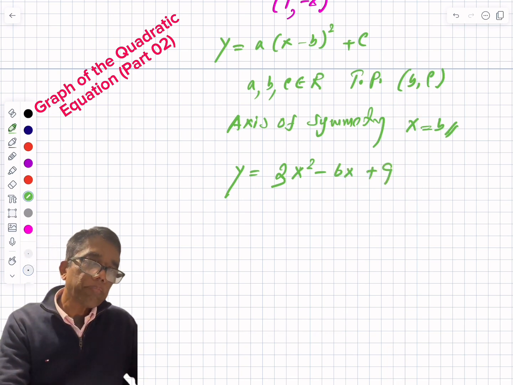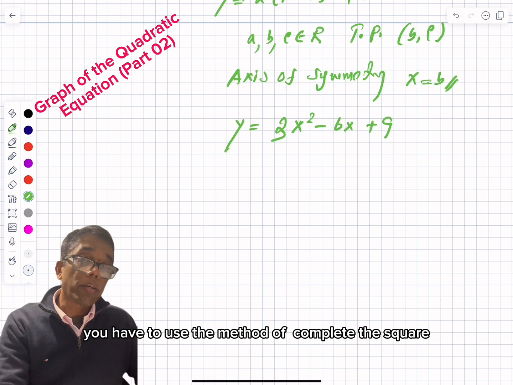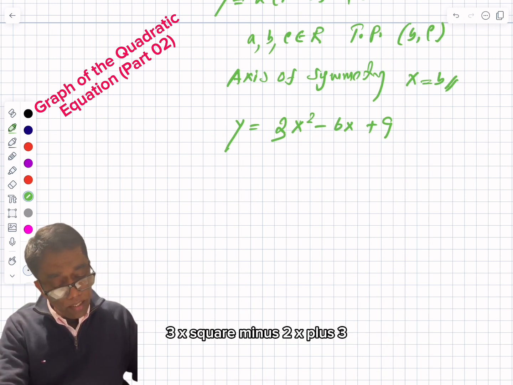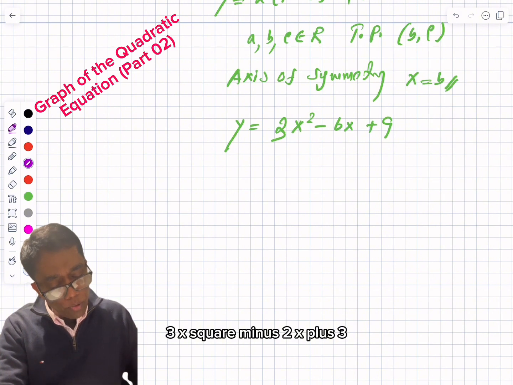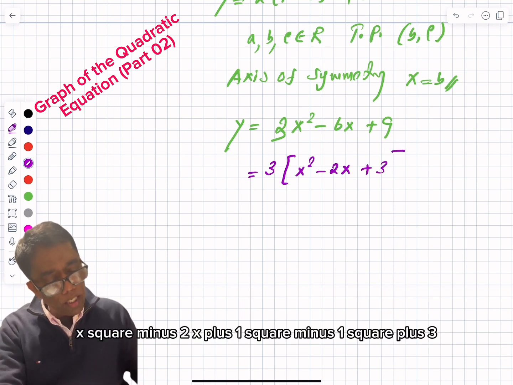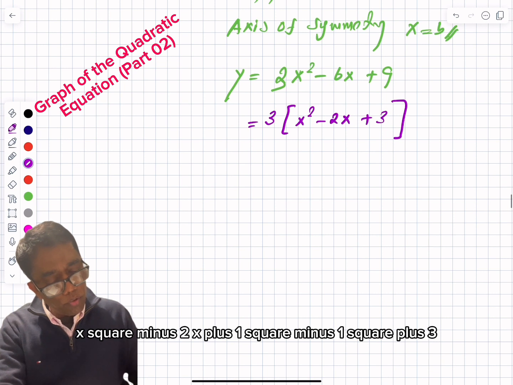Here, we have to use the method of completing the square. I'll take 3 as the common factor: 3 times x squared minus 2x plus 3. Now, use the method of completing the square: x squared minus 2x plus 1 squared minus 1 squared plus 3.